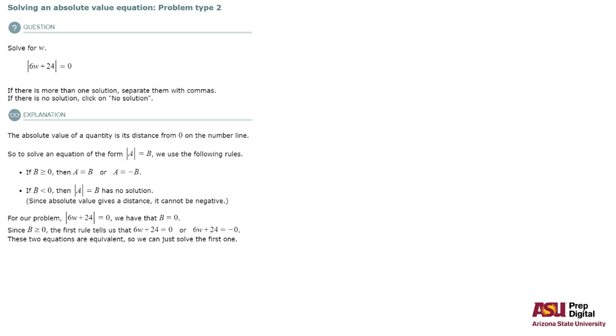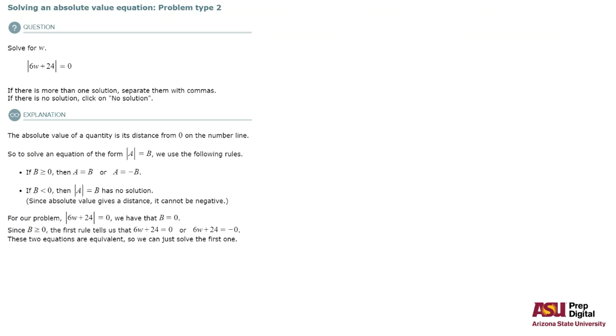A is either equal to b, or a is equal to -b. Or if b is a negative number, then we know that there is no solution. Remember that second example, we got a negative answer. Well, then there would be no solution.